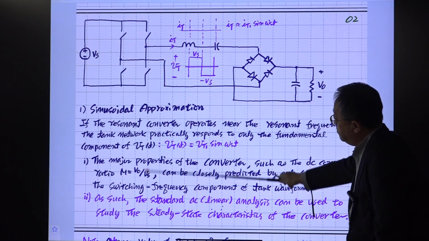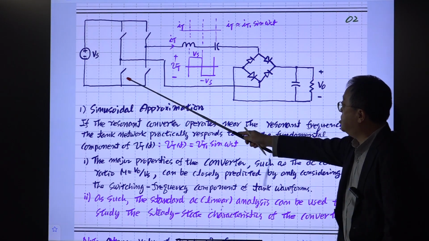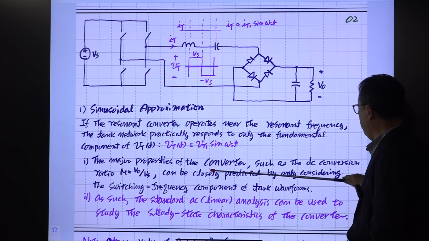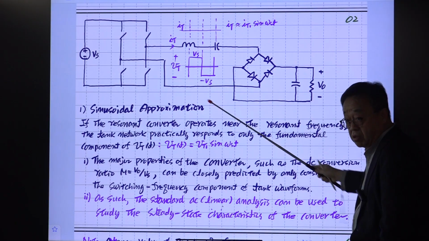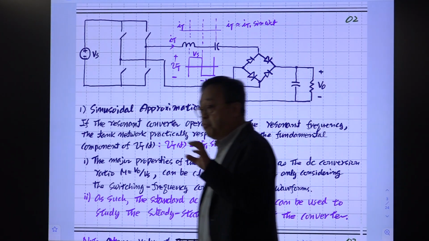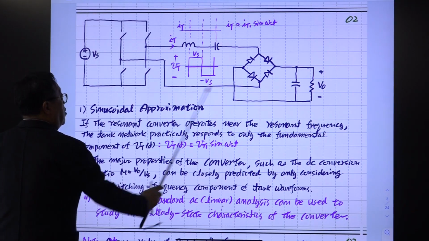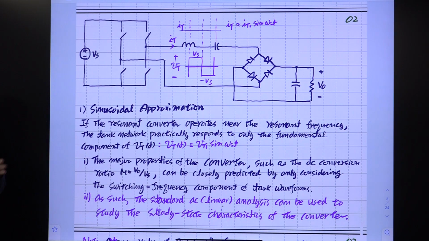For example, this voltage gain, DC in, DC out, can be closely predicted with this analysis, and many other properties of this converter, like the GBS boundary, or the tank circuit design procedure, all of those results are generated from this analysis.